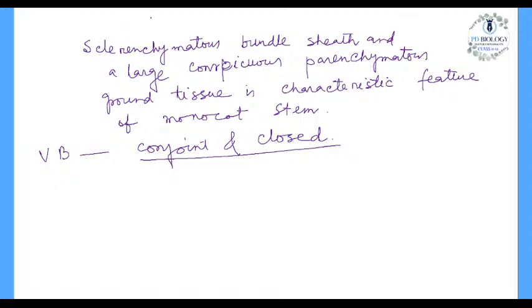Vascular bundles in monocot stem: the peripheral vascular bundles are smaller than the centrally located ones. The phloem parenchyma is absent in monocot stem. That is also very important.